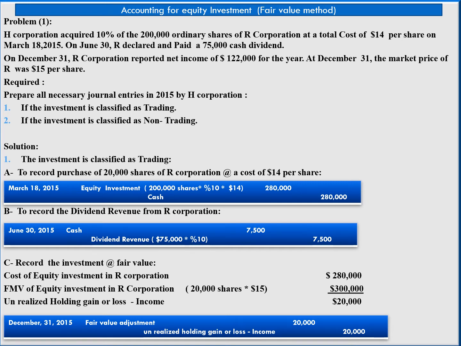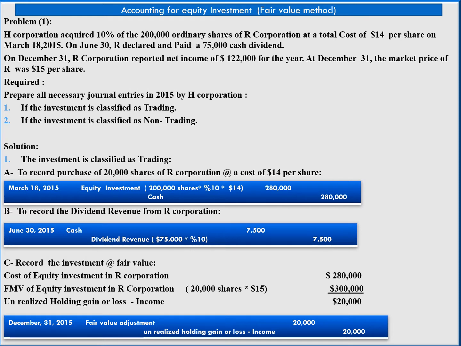Notice here it says H Corporation acquired 10%. This means H Corporation holds an equity investment of less than 20%. In this case, the fair value method will be used to account for the equity investment.